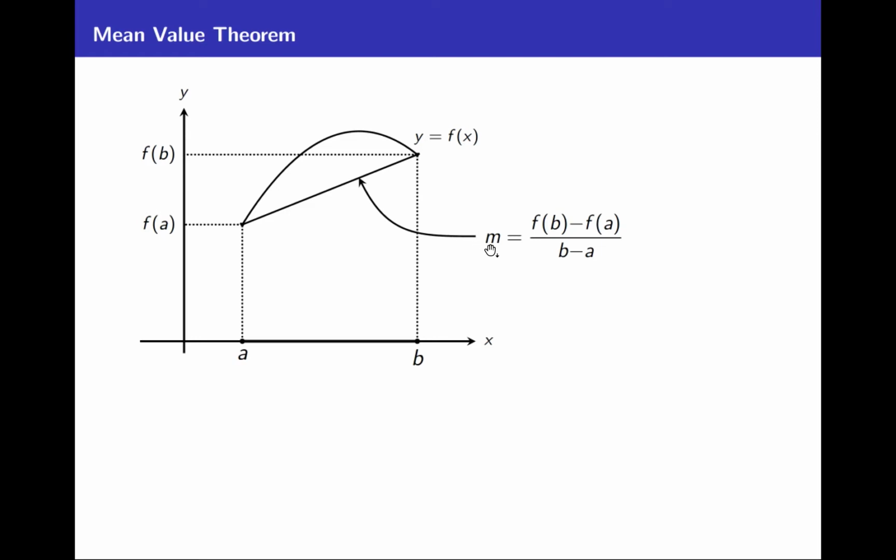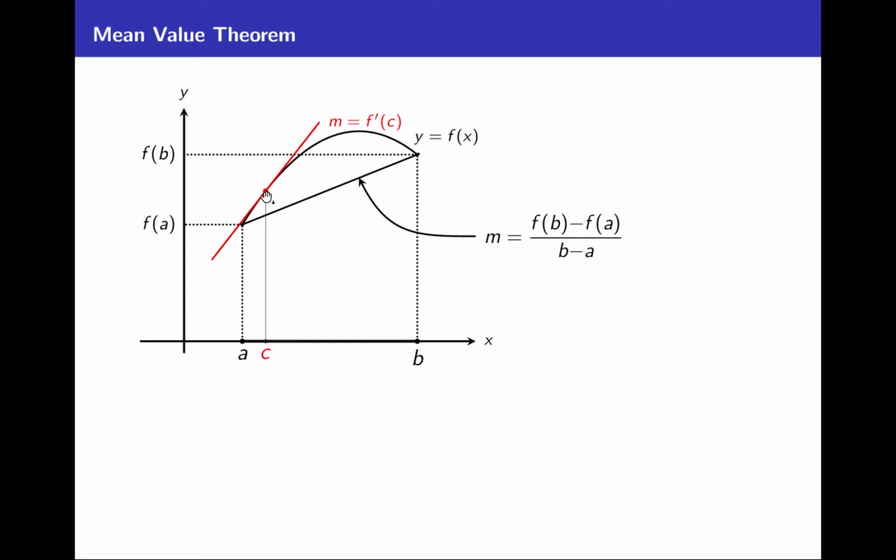Its slope m would be rise over run, and the rise is f of b minus f of a, and the run is b minus a. So this connecting segment there has slope f of b minus f of a over b minus a. Now think about picking a number c between a and b.